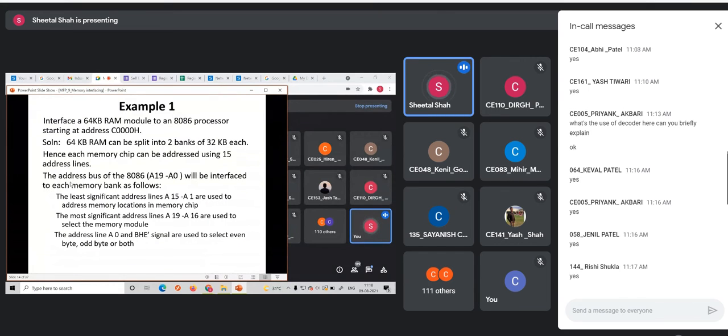If it is 32 kilobyte memory, the number of address pins required would be 15. Do you agree to this, all of you? So A1 to A15 should be connected to the address lines of both these ICs. The A0 pin should be connected to the even bank for selecting the even bank, whereas the BHE bar signal should be connected to the odd bank. Do you agree to this, all of you?